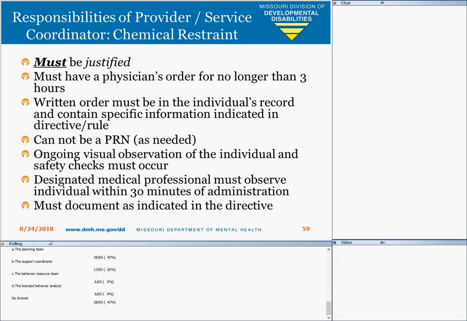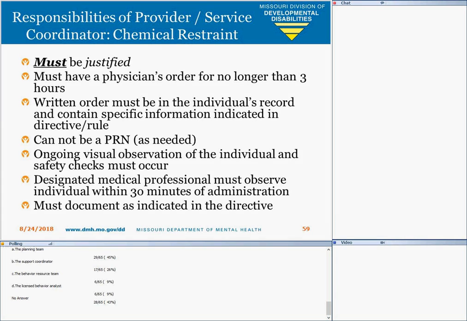So, the role of the service coordinator or support coordinator with respect to chemical restraints. Well, chemical restraints are restrictive interventions. Restrictive interventions must be justified. The rationale must be described in the ISP. There's a physician's order that can be written for no longer than 3 hours.